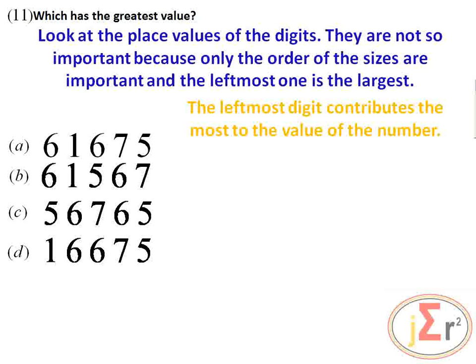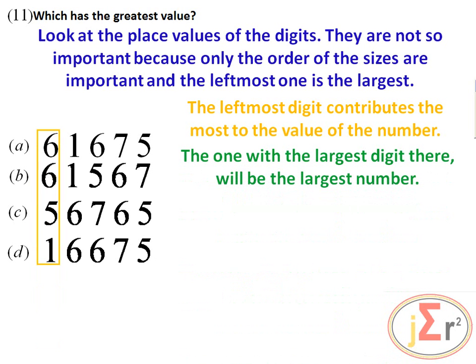Right, so the digit of greatest significance that is located to the left, or the one that we call the leftmost digit. The leftmost digit is the one that contributes the most to the value of the number. It is called the digit of greatest significance. So we are taking a look at that.